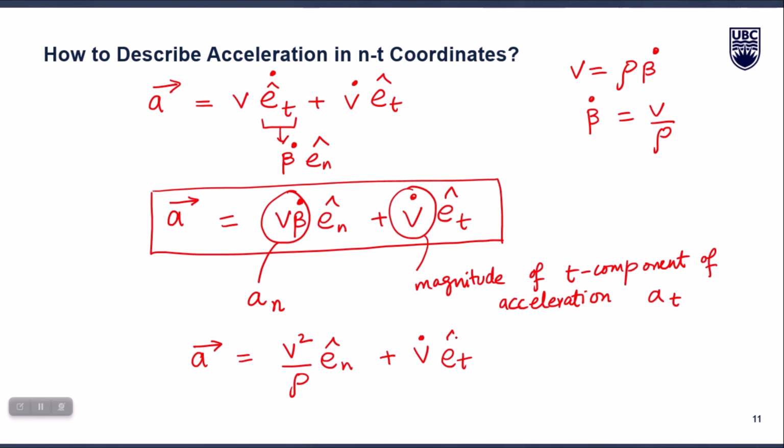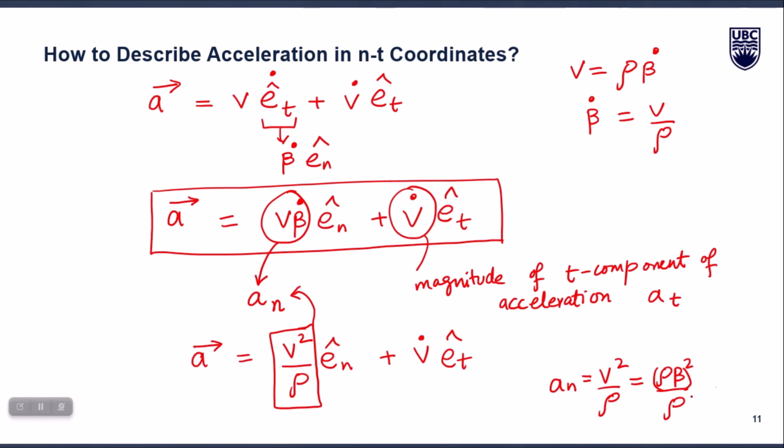So this v square over rho is the same as a sub n, right? So a sub n is equal to v beta dot or v square over rho, same thing, right? Similarly, there is another variation. We know that a sub n is v square over rho, right? We can put v equal to rho beta dot here, so it becomes rho times beta dot, whole squared, divided by rho.